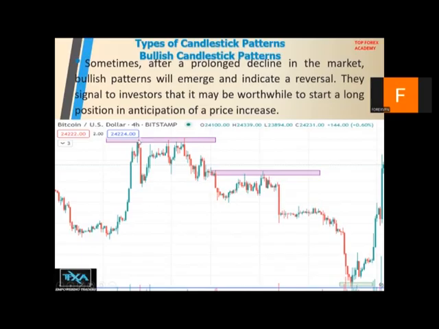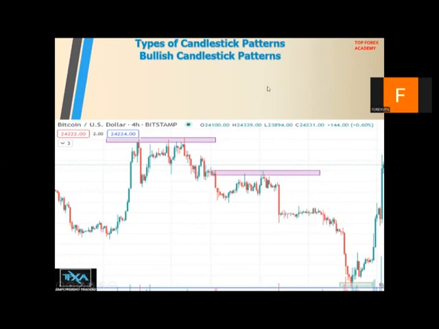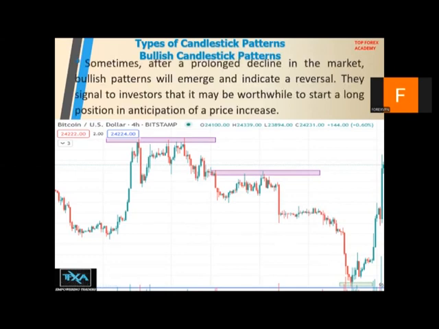You can see in these charts that after a prolonged decline in the markets, a bullish pattern will emerge, which signals a reversal.